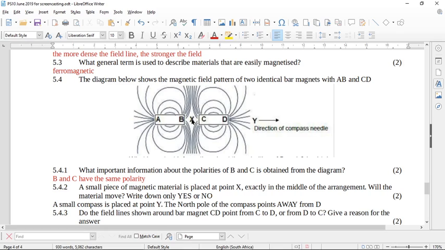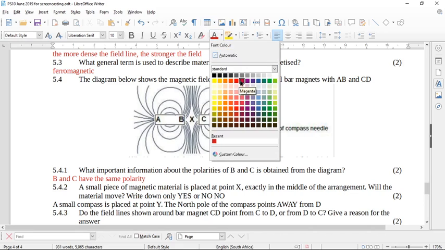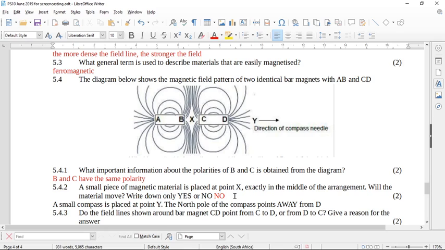Can you see a field line at X? There are no field lines at X. And the field lines show you where there's a field where a ferromagnetic material will experience a force. If there's no field, there can be no force. And if there's no force, there is no movement. So the answer is no.